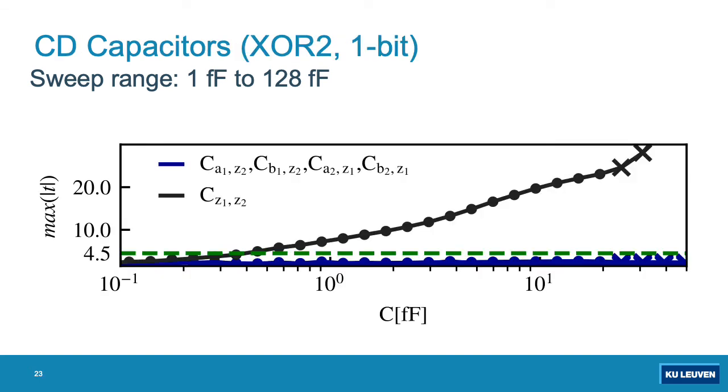But if we take a closer look at the corresponding values of the cross-data capacitors, we see that the high levels of leakage appear for values that are in the tens of femtofarads. Now, contrary to the arbitrarily chosen PDN parasitics, we believe that it stands to reason that parasitic capacitors are of the same order of magnitude as the input pin capacitances of the standard cells from the target library.